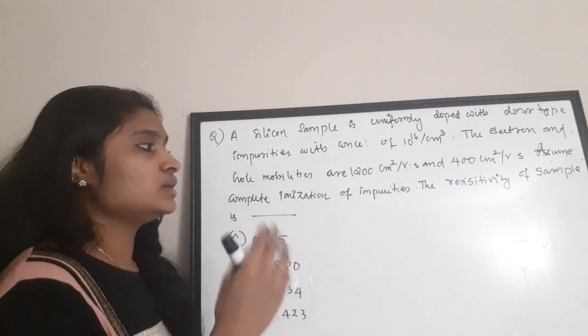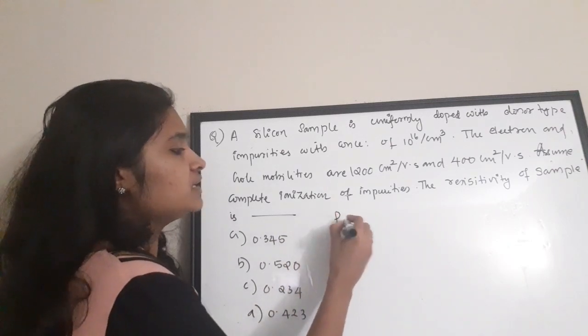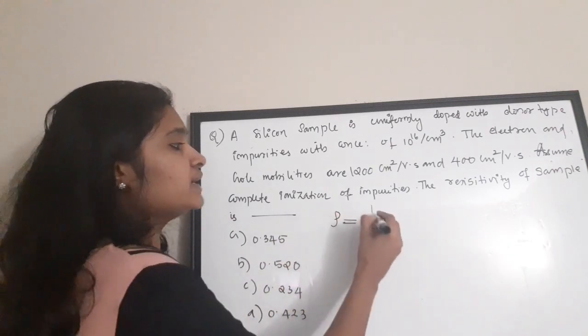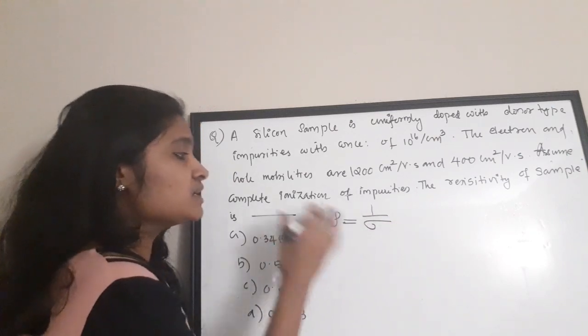We don't have a direct equation for resistivity; we can write it in terms of conductivity, that is 1 by sigma. I have already discussed this earlier.